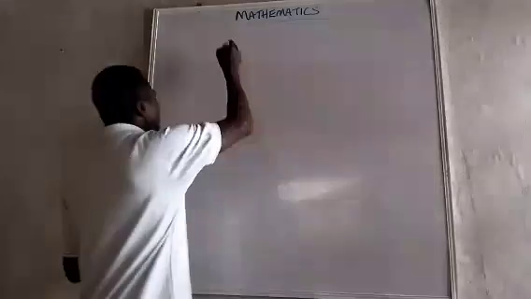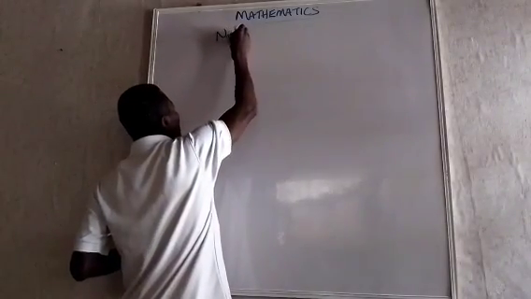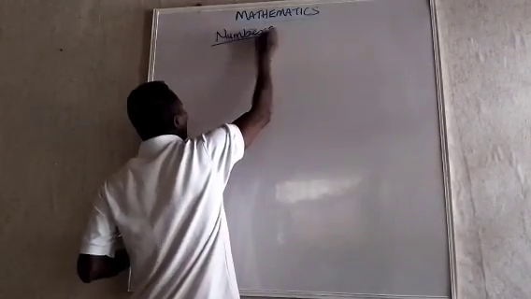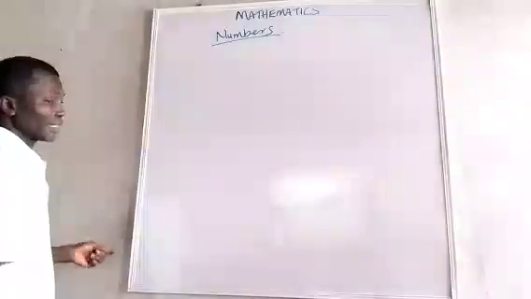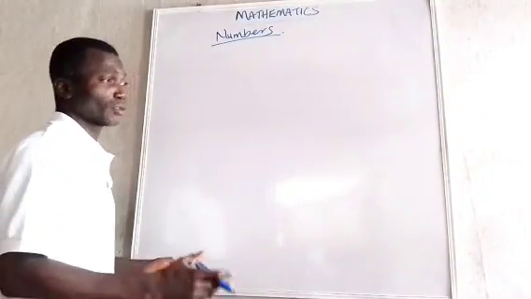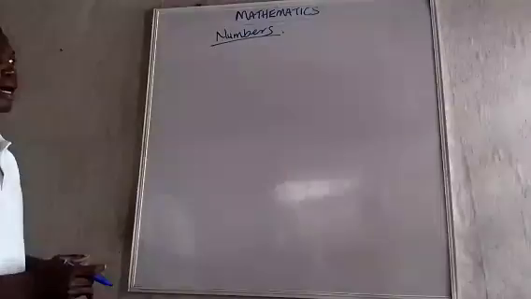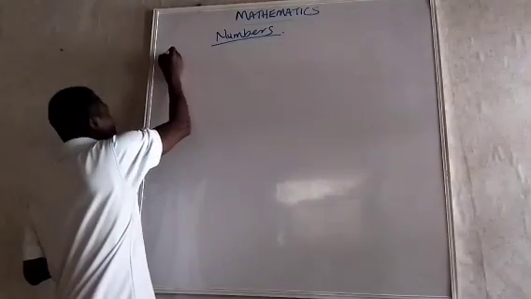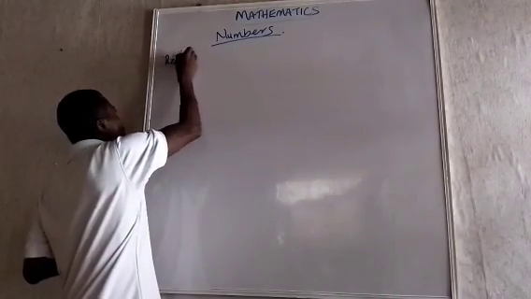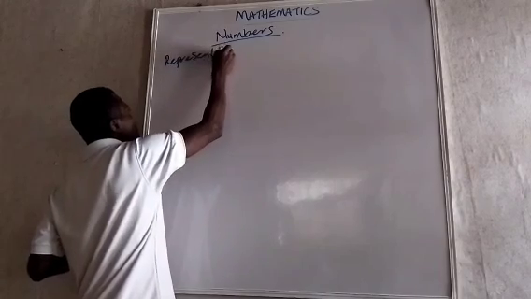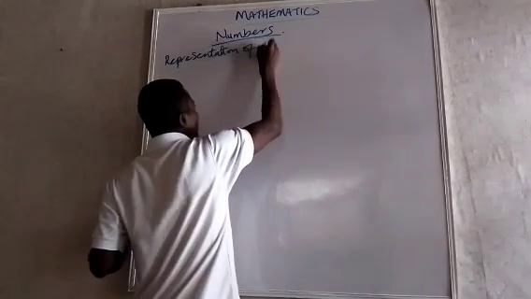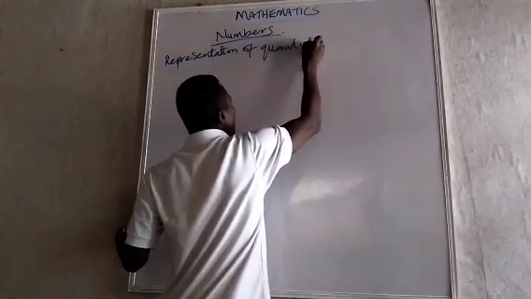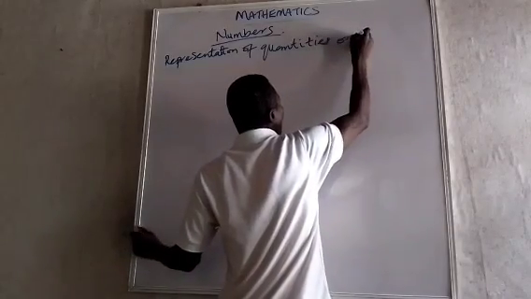Let's talk about numbers. Numbers are the things that we use to represent quantity, either physical or non-physical quantities. A representation of quantities or measurements.